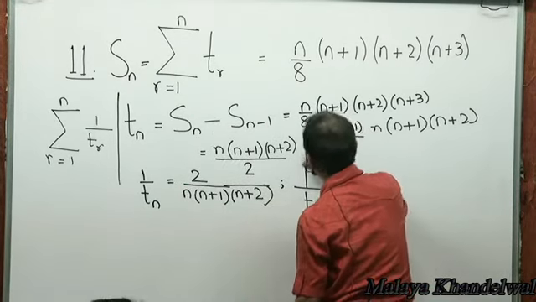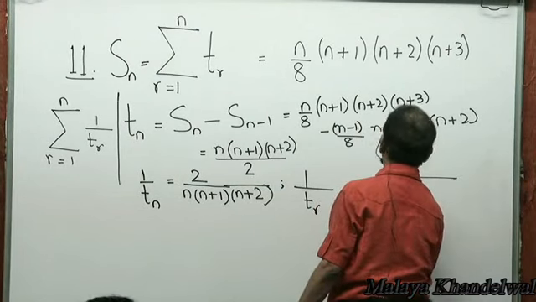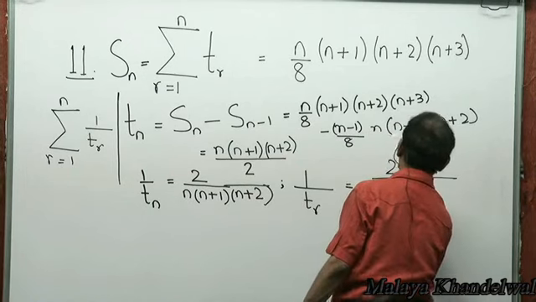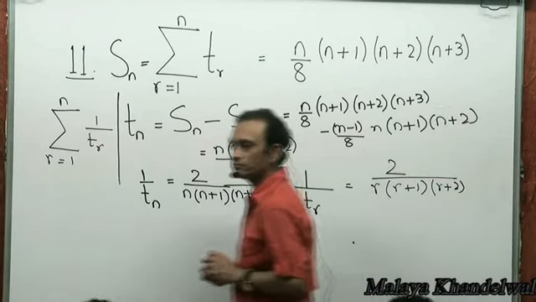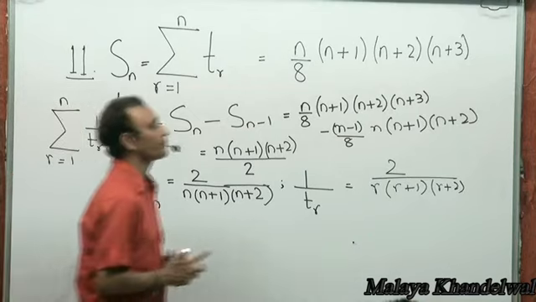So that's going to be 2 divided by r into r plus 1 into r plus 2. That's going to be 1 by Tr, yes or no? Yes, sir.